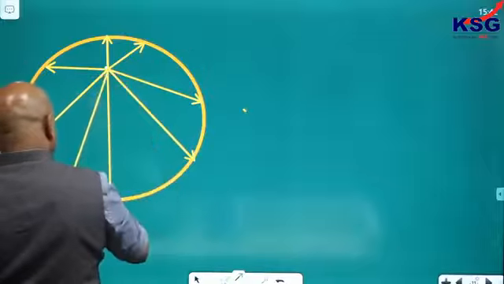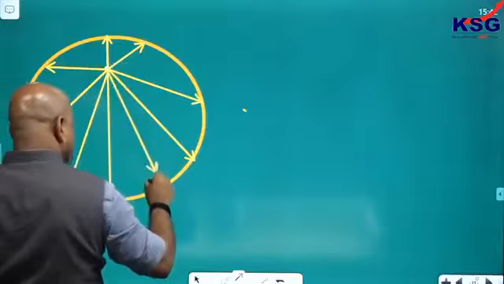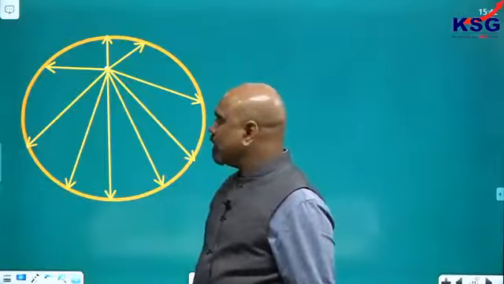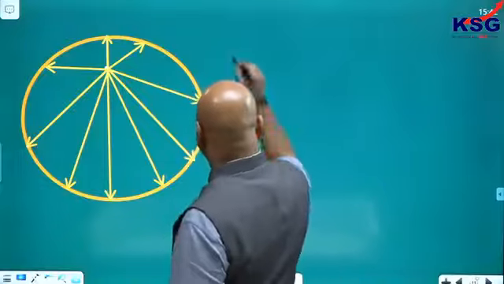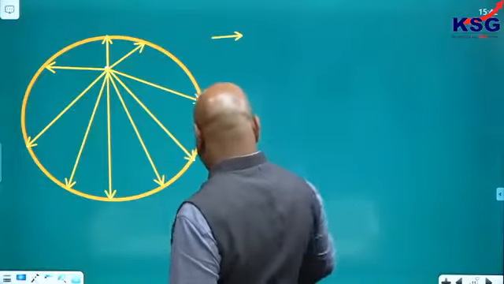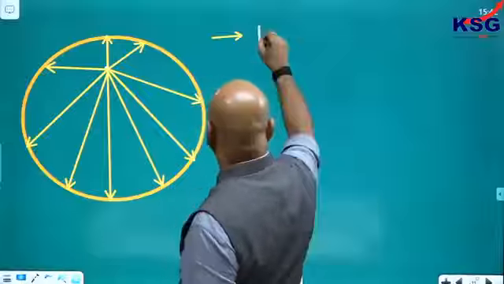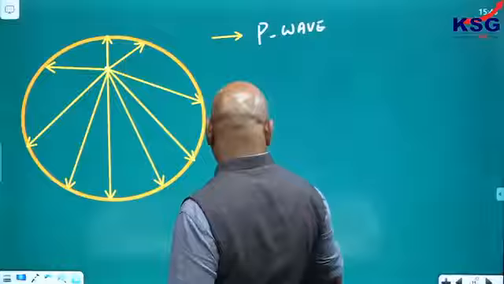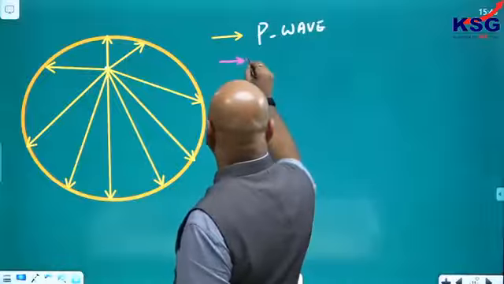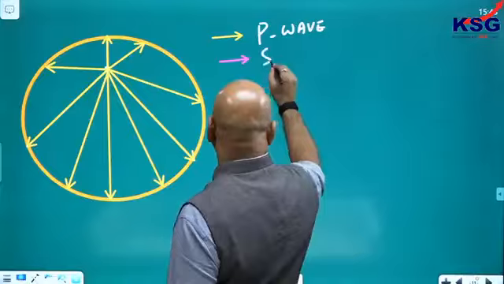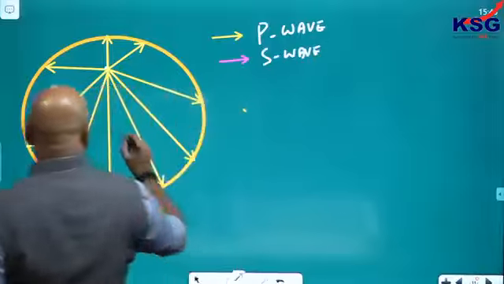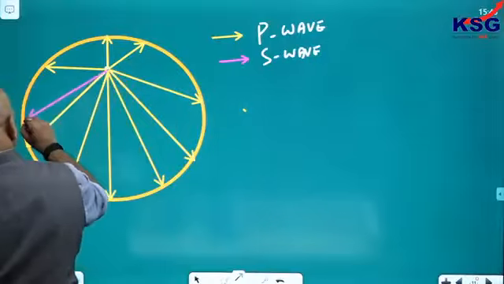If it is a uniform homogeneous earth, you will have like this. Let us say this here is P wave and this one here is S wave. Then the S wave will also go in this way.